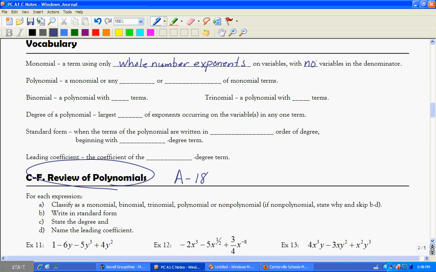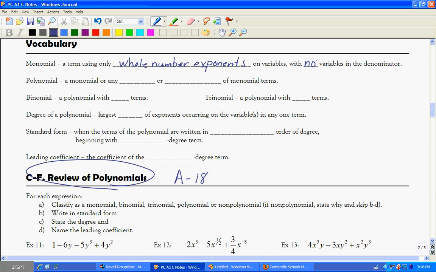Different parts of a polynomial. The degree of a polynomial is the largest sum of the exponents occurring on the variables of any one term. We'll have a couple of examples of that here in just a minute. And then standard form is when you write the terms of a polynomial in descending order of the degree. So the degree is important. Oops, I forgot my M on sum.